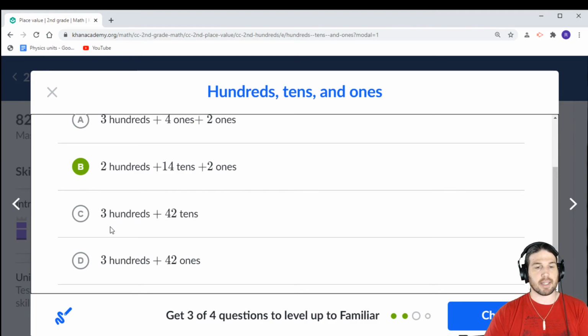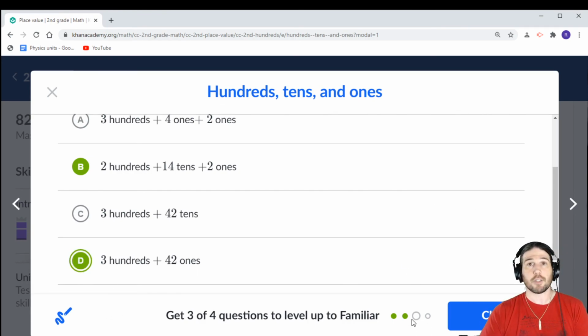This isn't right because that would be, I think, 720. Because 40 tens would make 400s, so I would have 72, okay, or 720. So that was wrong. D though, 300s plus 42 ones, absolutely correct.